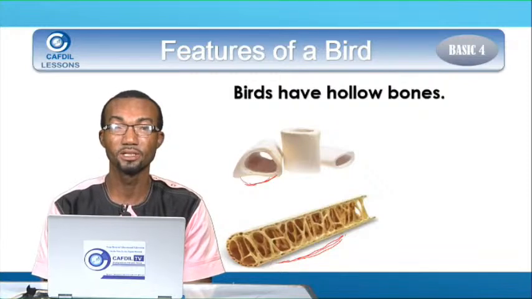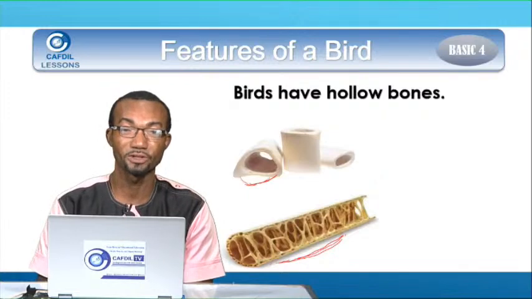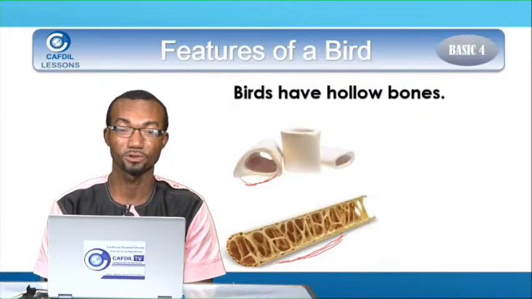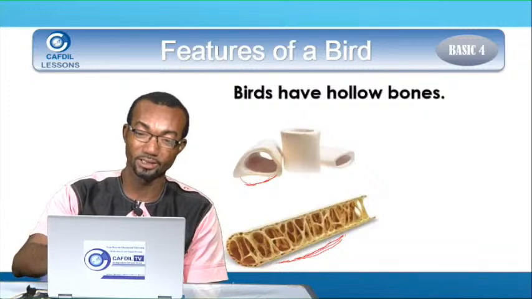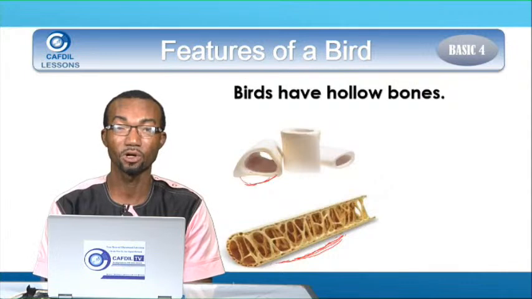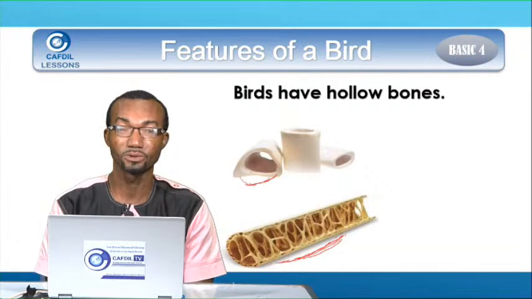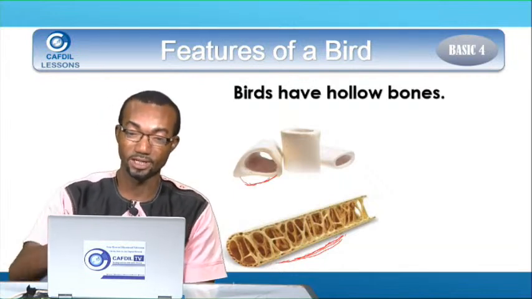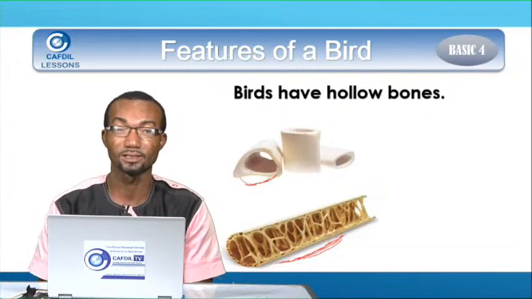If you take human beings, our bones are filled with calcium and phosphorus. But the bone of a bird is hollow, and this hollow bone is filled with air, and that makes the bird very light and helps the bird to fly with its wings.